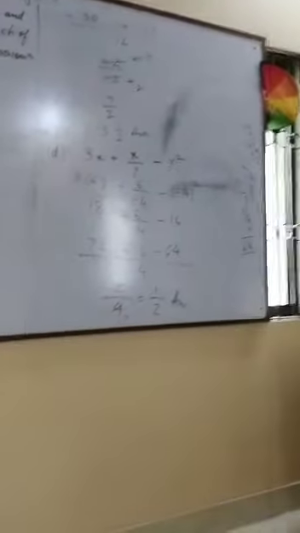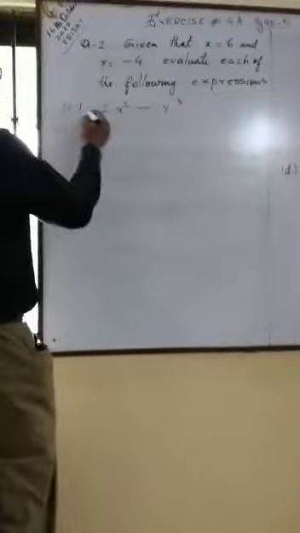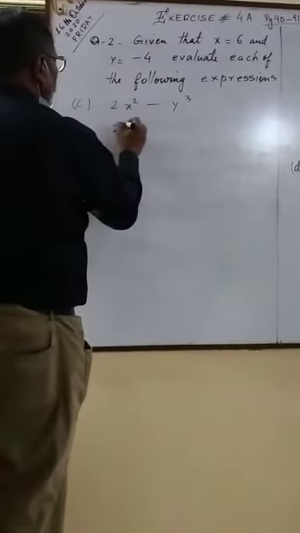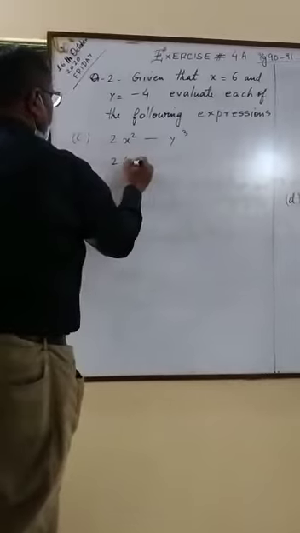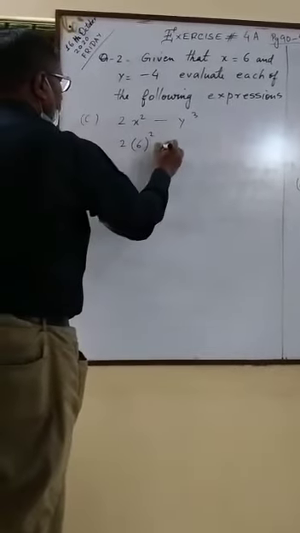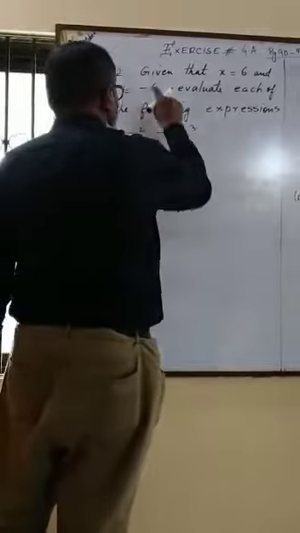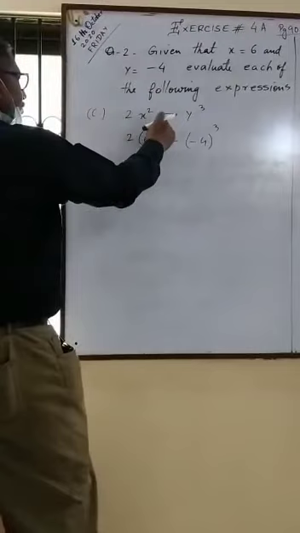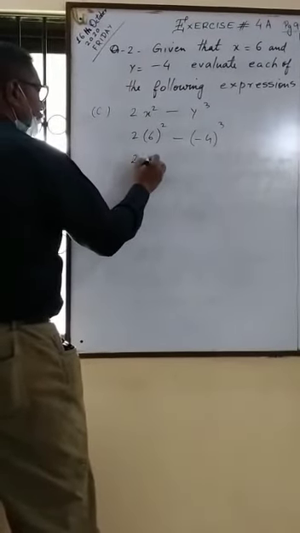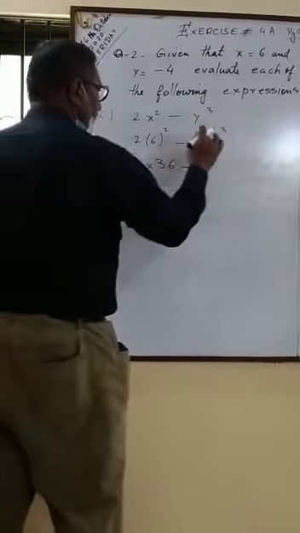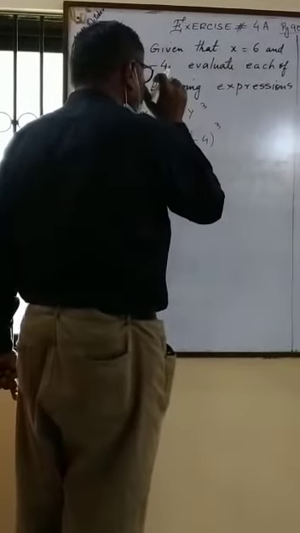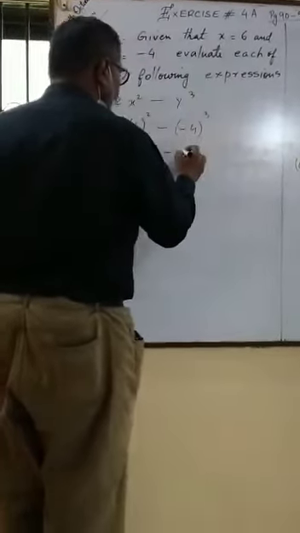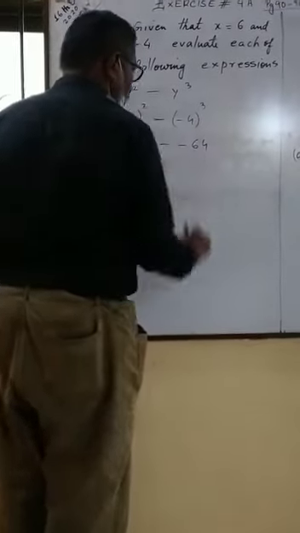Okay, right? So we have solved all the questions. This is C part of question number 2. At the place of x we have to write 6. At the place of y we have to substitute its value, that is minus 4. Now 6, when it is squared, is 36, and minus 4, when it is cubed, becomes negative 64.